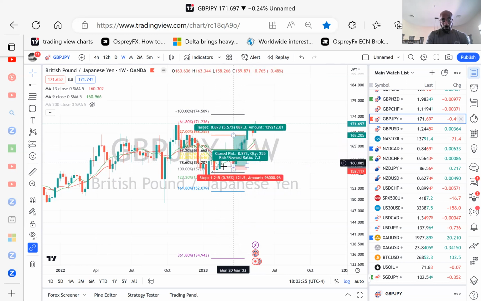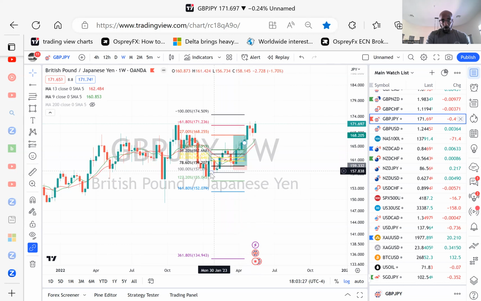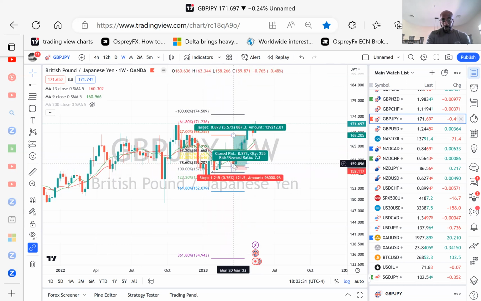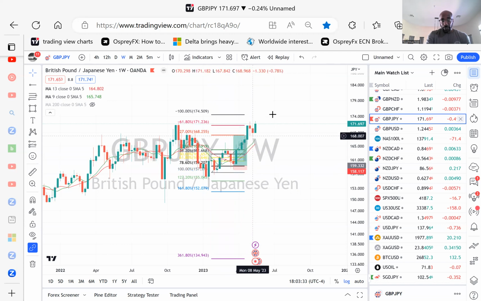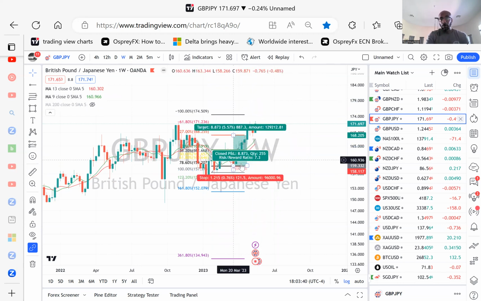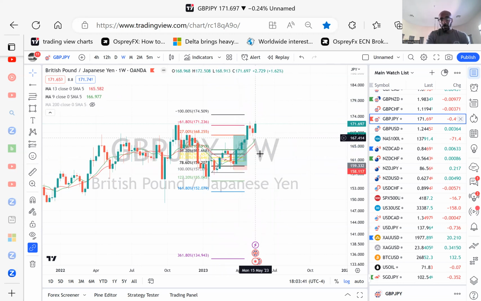Notice that when the market pulled back, it's a higher low, right? Here's a low, here's a higher low, here's a higher low, and you want to keep seeing higher lows, right? And eventually, the market is going to pull back and break the low, and it'll let you know that it's selling, right? So this is the way that I analyze the market, and if it's at the end of the week, I'll look at the weekly.